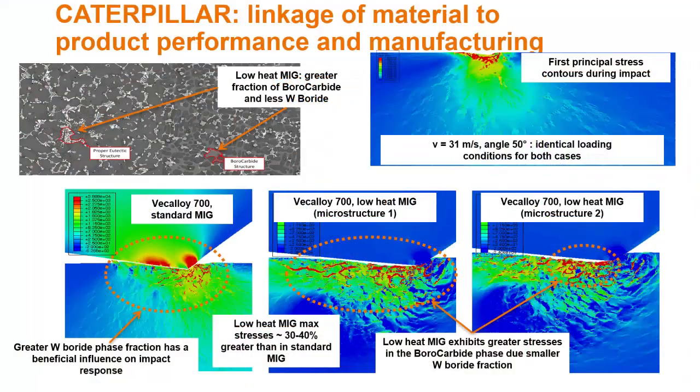The coating was welded on using either a low heat MIG or standard heat MIG method. What we saw is that the standard MIG method produces a greater boride phase fraction, which has a beneficial influence on the impact properties.